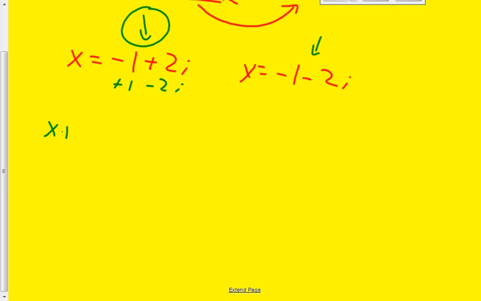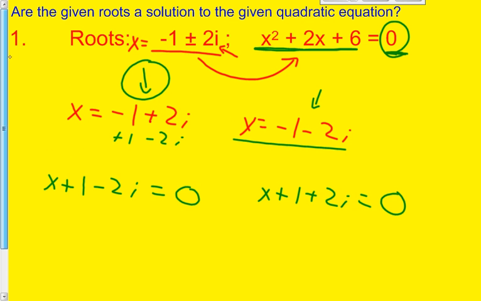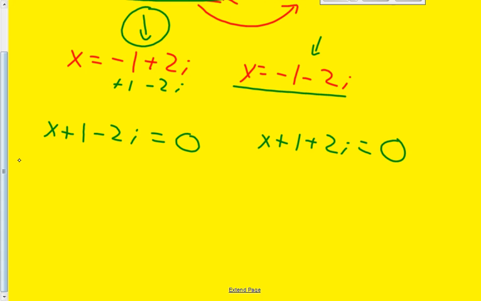So x plus 1 minus 2i, that equals 0. We also have x plus 1 plus 2i equaling a 0 over here for this one. So hopefully that makes sense. All I did was I set x equal to our roots, x equals this, and then I solved them for 0.